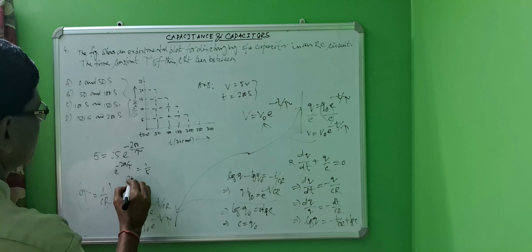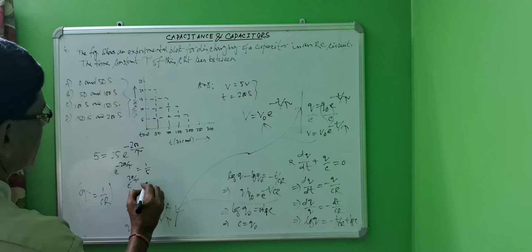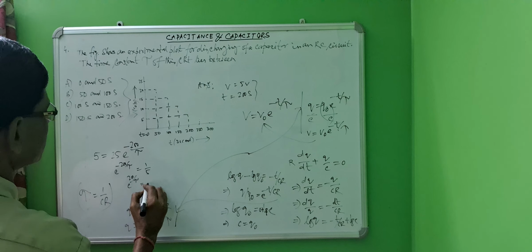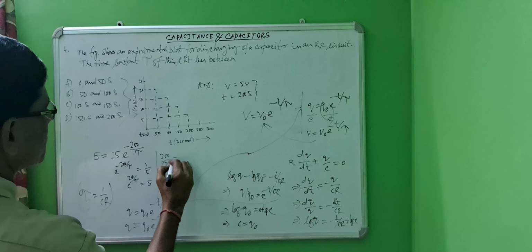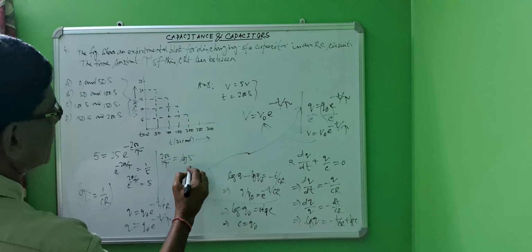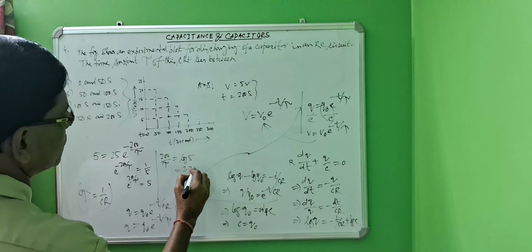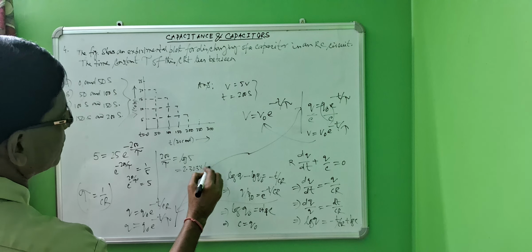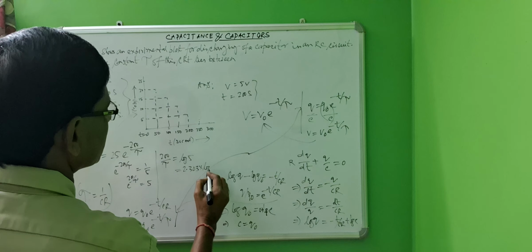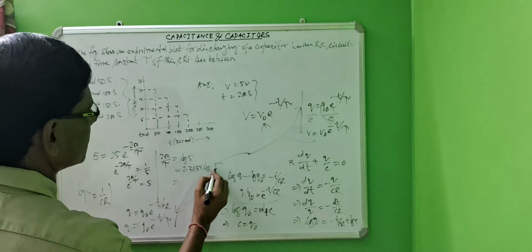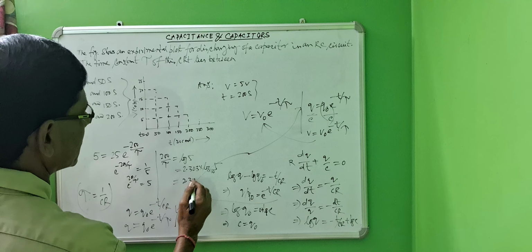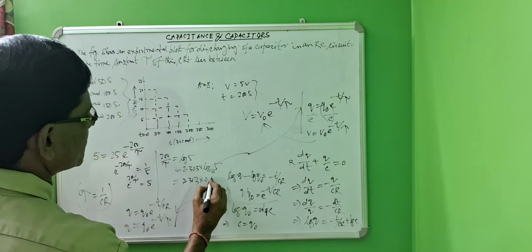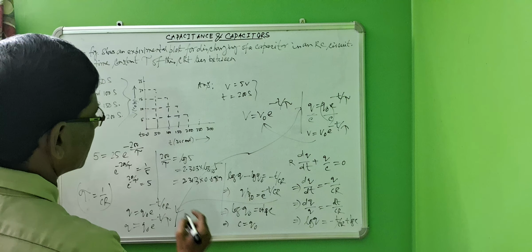So e to the power 200 upon tau equals 5. So 200 upon tau equals log 5, equals 2.303 into log 10 of 5, equals 2.303 into 0.6989.